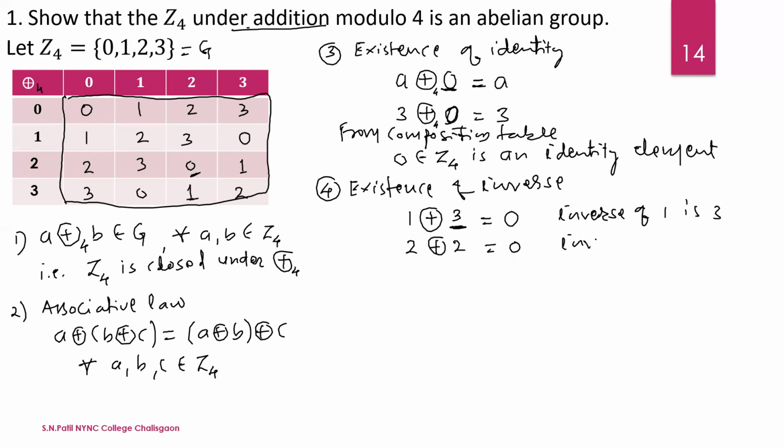That is, inverse of 2 is 2. The inverse of 3 is 1. Okay. Inverse of 0 is 0, that is itself.